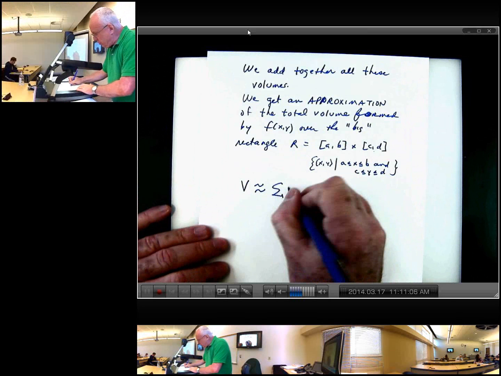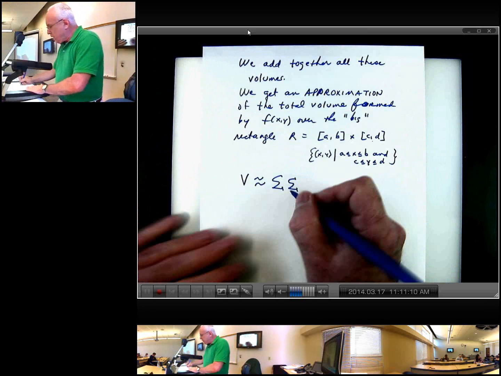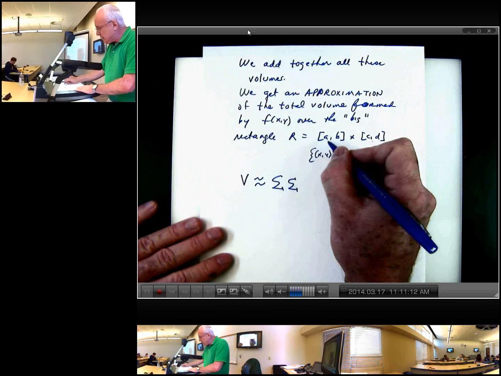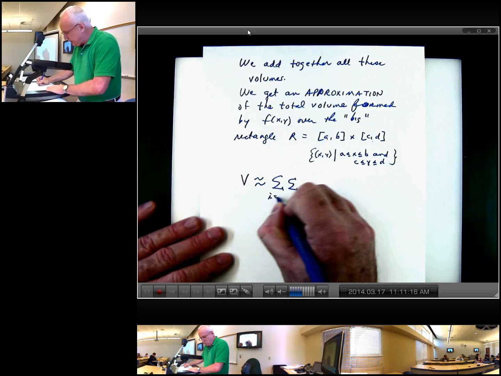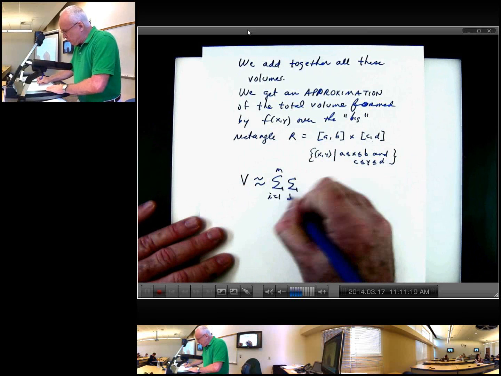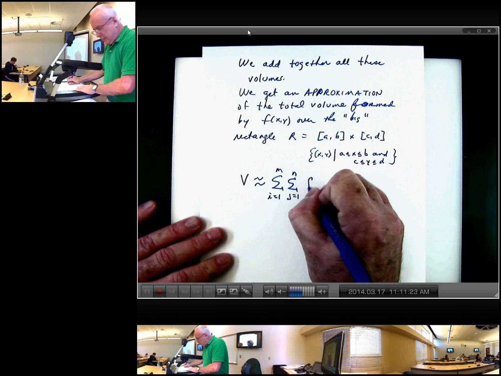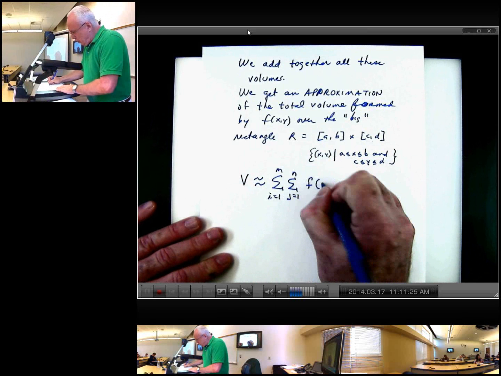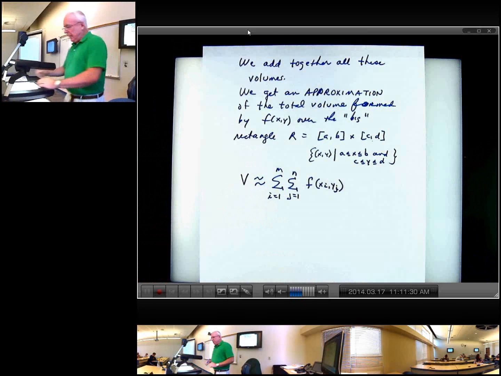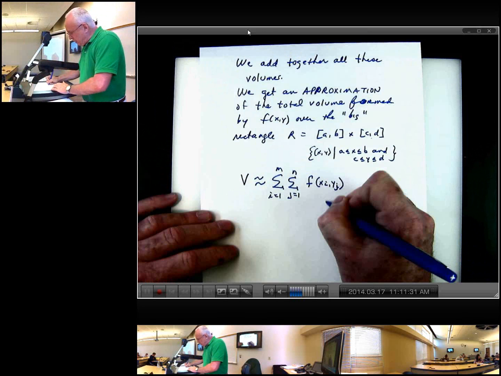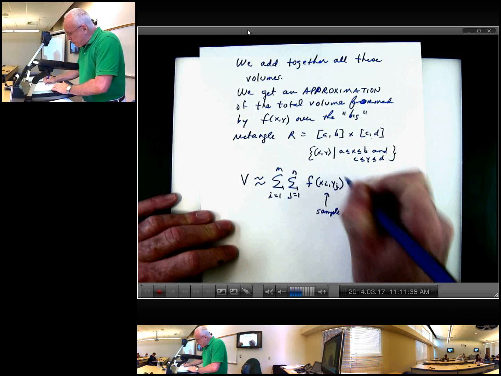What we're doing here, we have a double summation because we're adding along the x values and along the y values. So this is from i equals 1 to m, j equals 1 to n, of our function value at the sample point times the delta area.